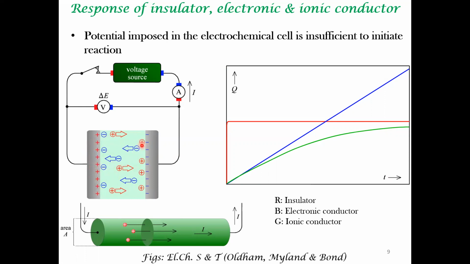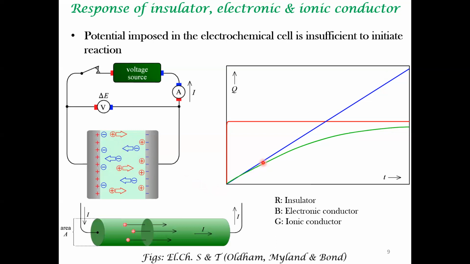Likewise, these mobile ions that are present in the electrolytes get attracted to the negative charges. So because of the movement of cations and the anions in the electrolyte, there is finite current and finite transfer of charges.